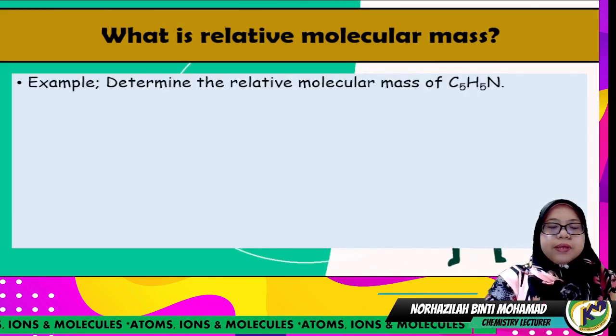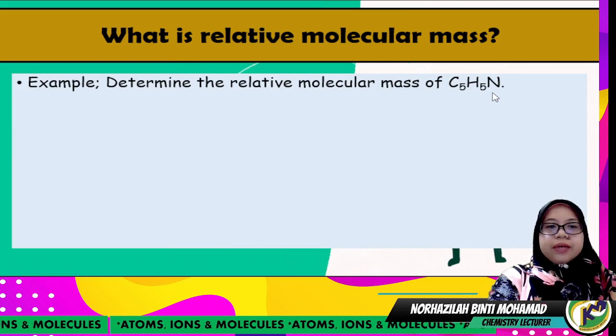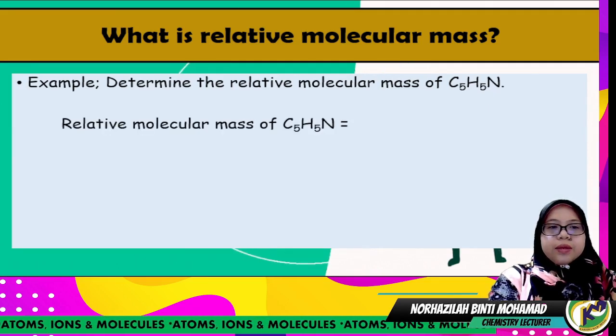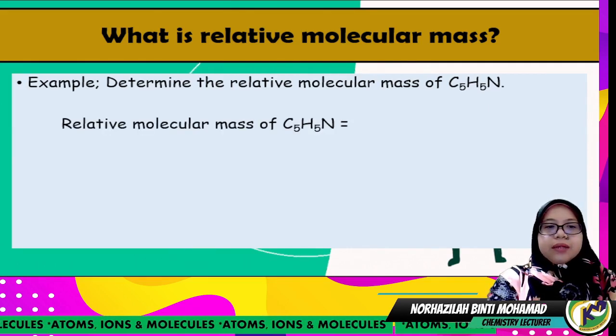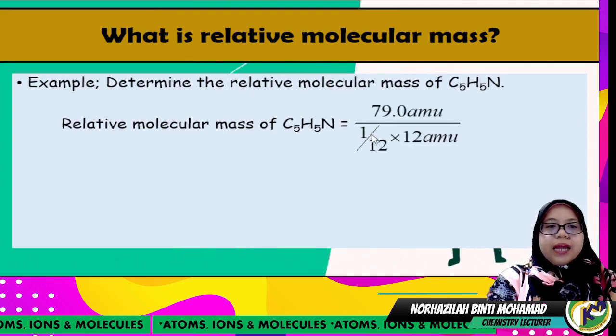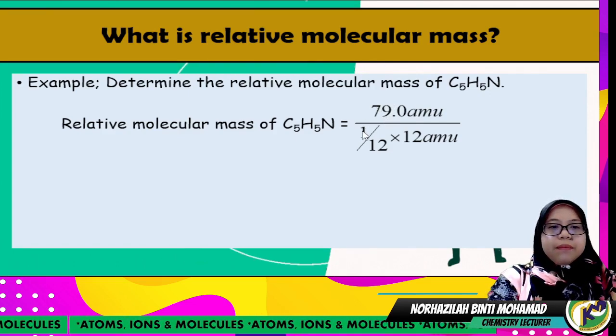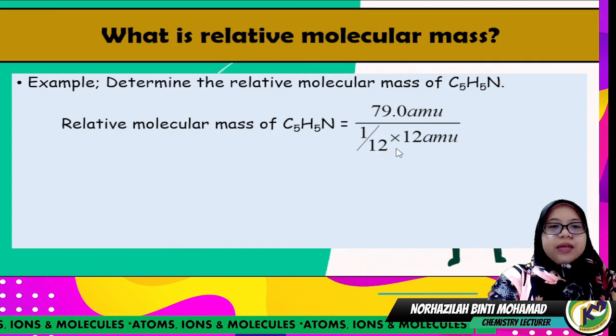So, for example, determine the relative molecular mass of C5H5N. So, the relative molecular mass of C5H5N is 79 AMU that we have calculated earlier, which is the molecular mass of C5H5N, divided by 1 over 12 times 12 AMU.